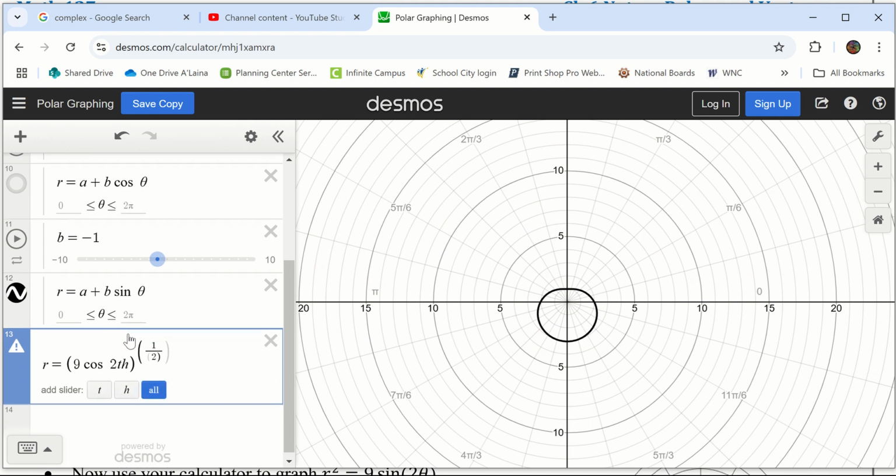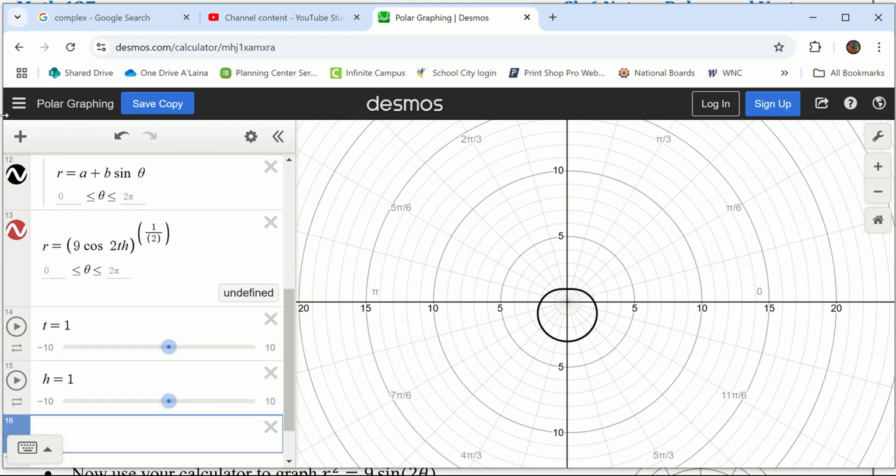It doesn't like what I'm doing, so I must be entering something in wrong, but let's see what happens. Take that one off, and see if I can turn that one on. All right, it does not like it. I did something wrong here, probably how I defined r on this.